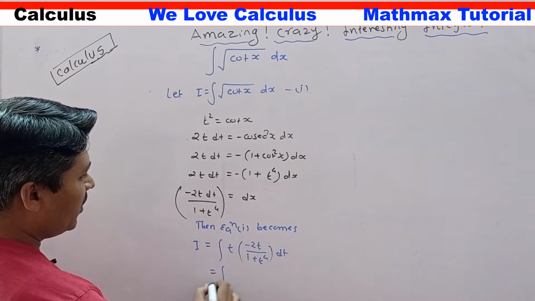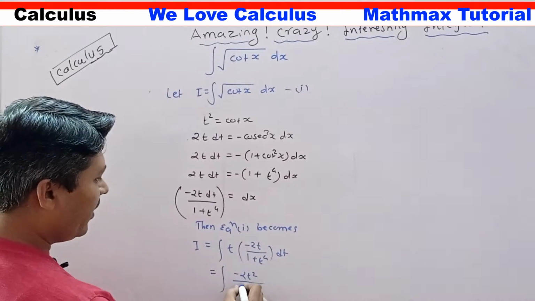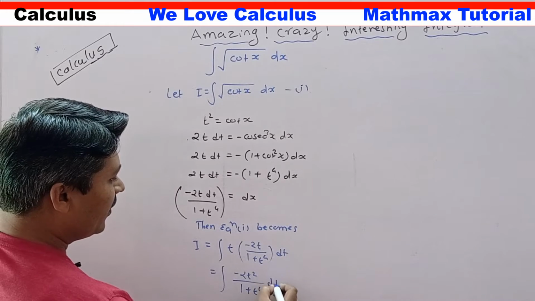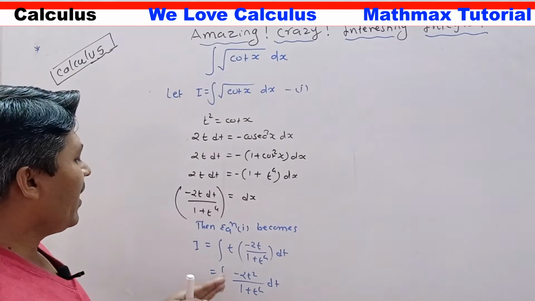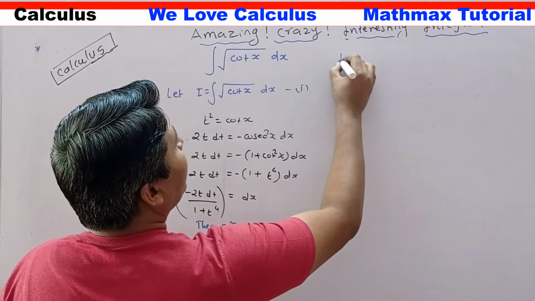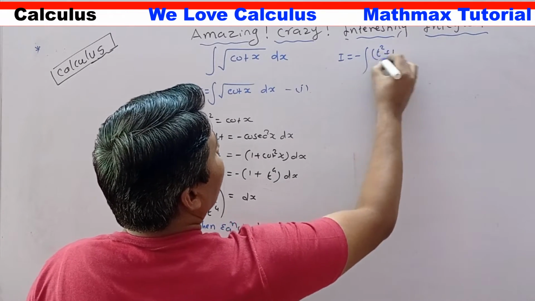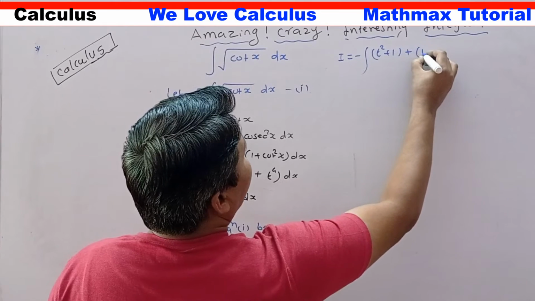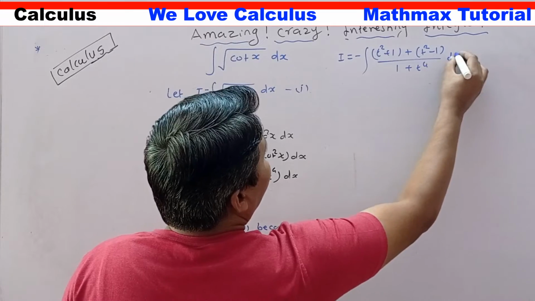And this term becomes minus integration of 2t square over 1 plus t raised to 4 dt. Then we can adjust 2t square as integration minus integration of t square plus 1, plus t square minus 1, divided by 1 plus t raised to 4 dt.